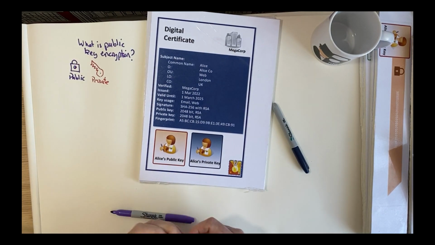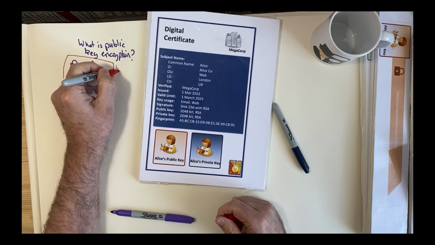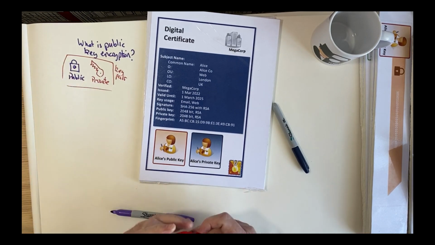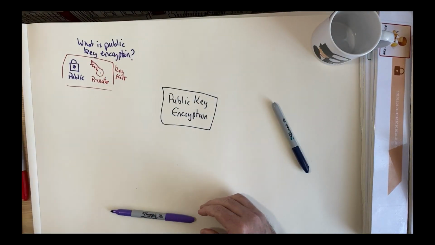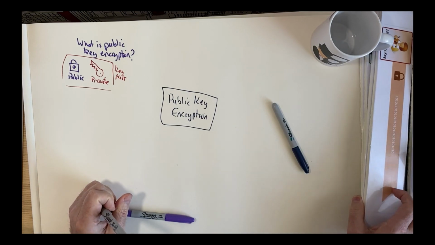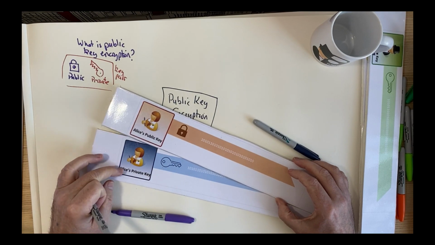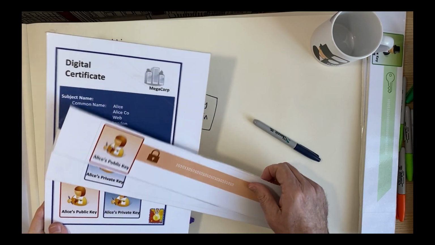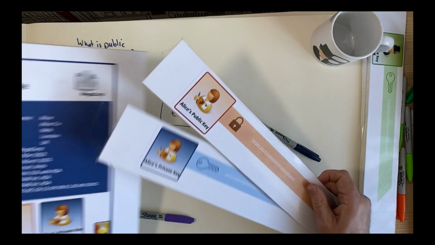So with this we can create what's called a key pair, and the two keys work together to encrypt and then to decrypt. Okay, so I've got Alice's public key here, and here is our private key. We often store these on a digital certificate, which is signed by a trusted entity.